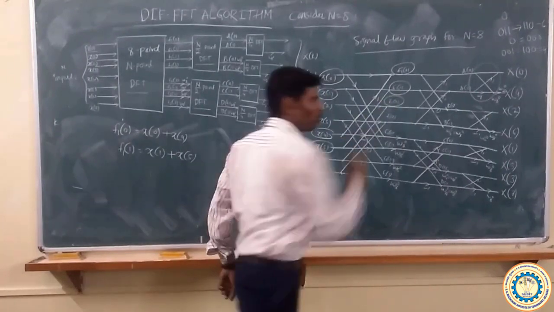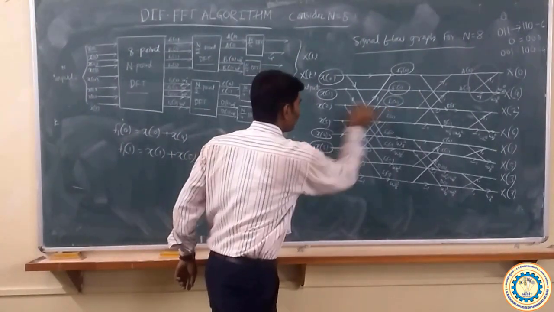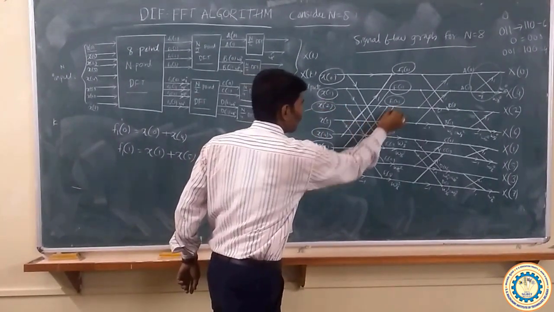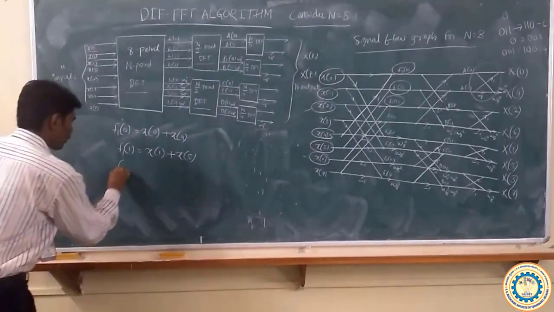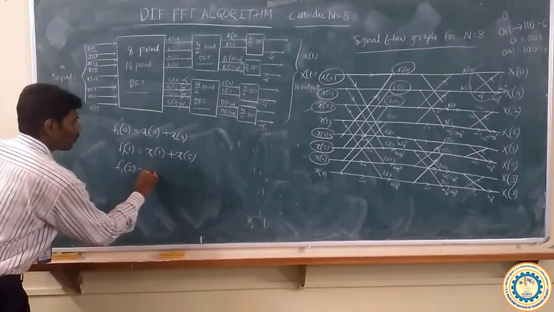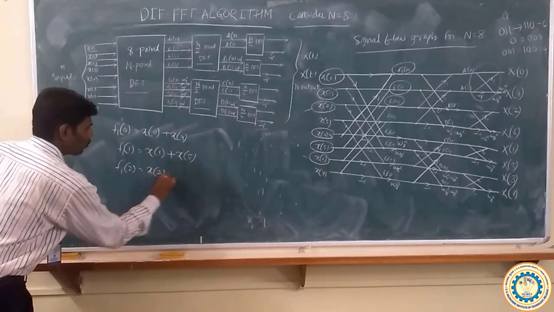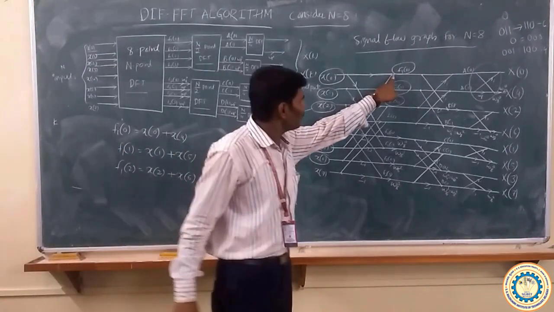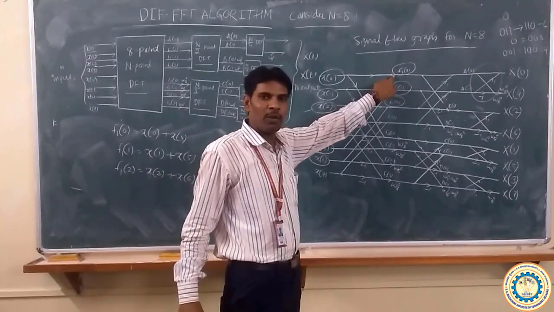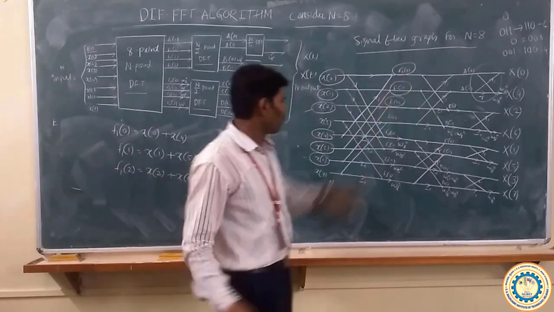Similarly, for f1 of 2, one input is x of 2 and another input is x of 6. That is, f1 of 2 is equal to x of 2 plus x of 6. This node and this node, both the signals will be added and will produce the output.